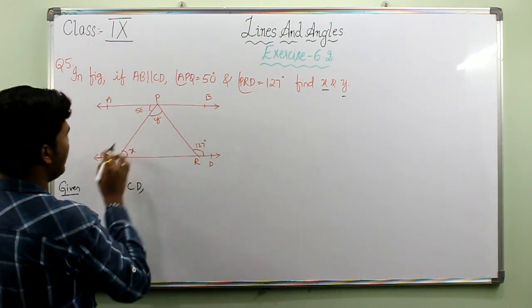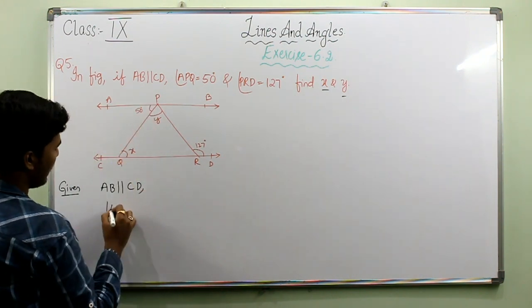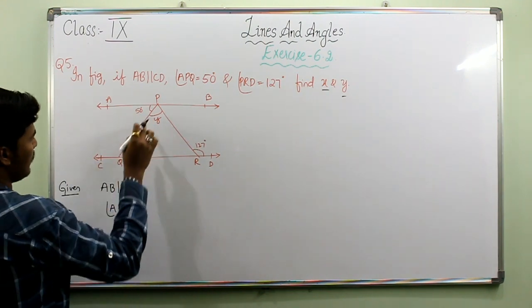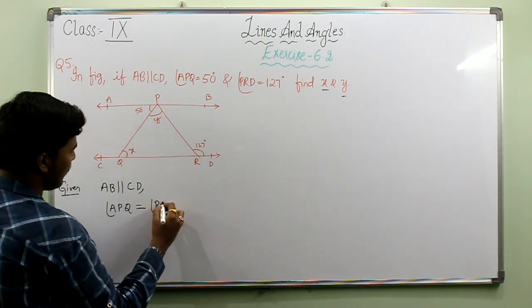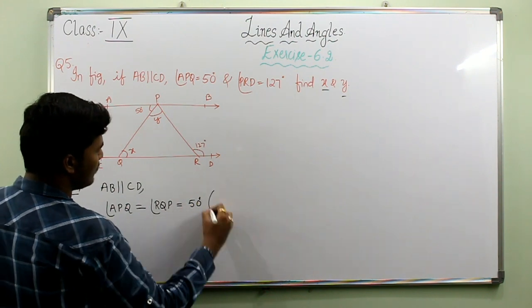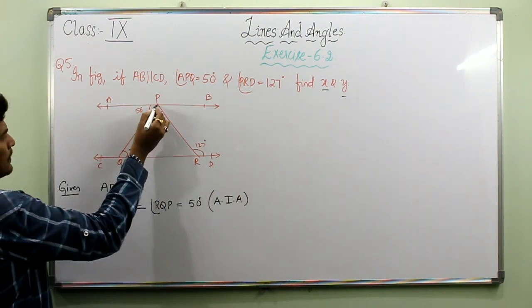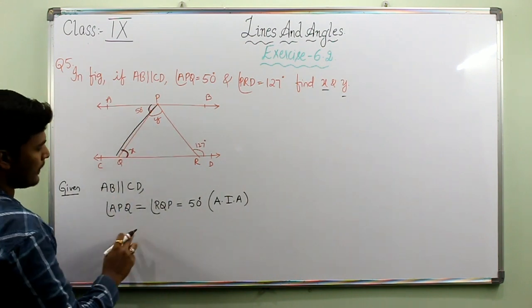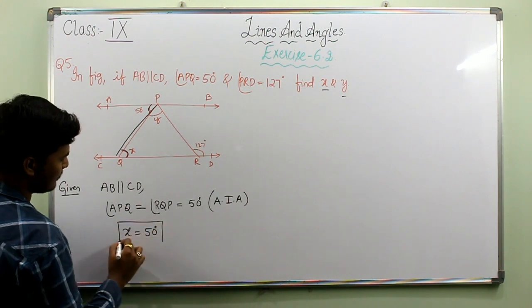In that case, angle APQ is equal to RQP, which is equal to 50 degrees because of alternate interior angles. If we consider this as a transversal, these two are the alternate interior angles. Therefore we got the angle X as 50 degrees.